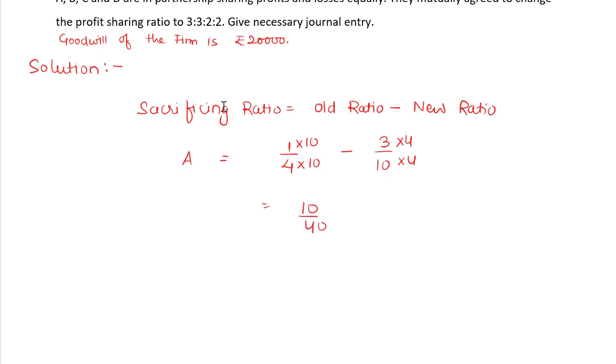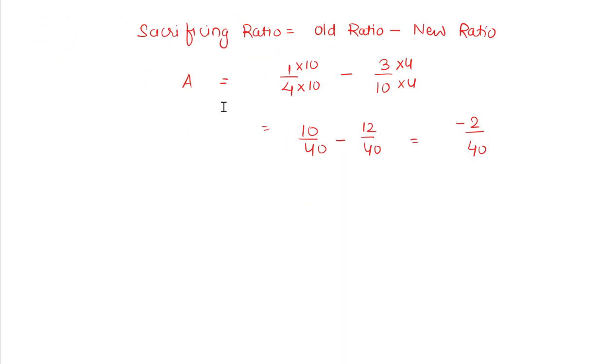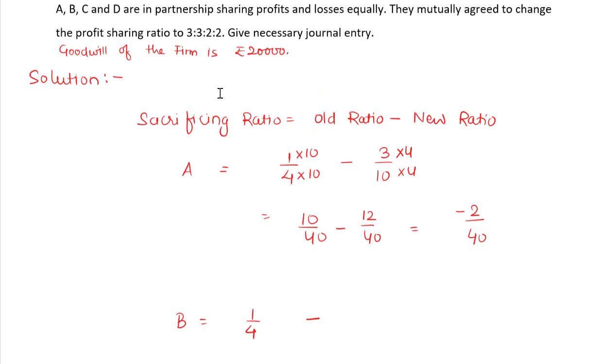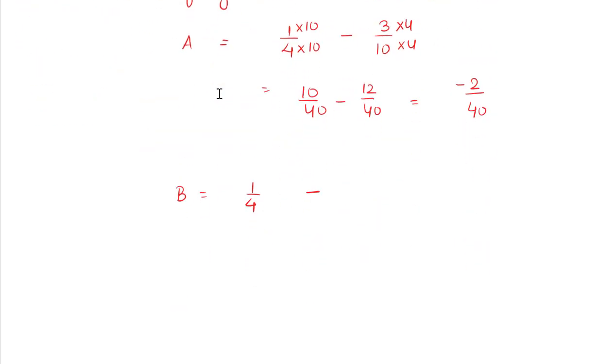So 10 by 40 minus 12 by 40 is minus 2 by 40. In case of B, 1 by 4 minus 3 by 10, same. In the same manner we will do it.